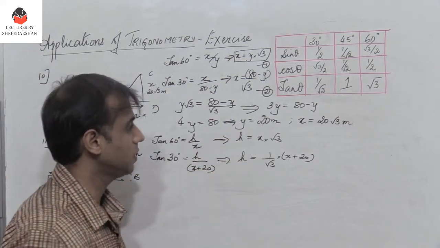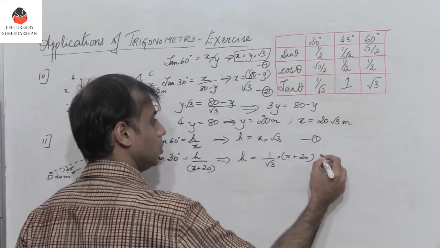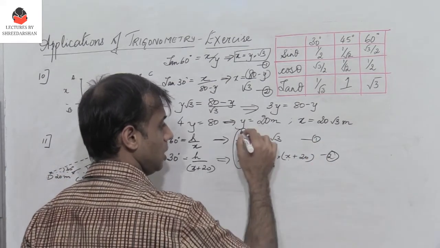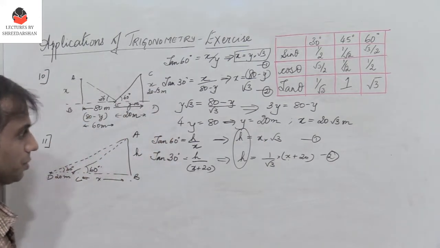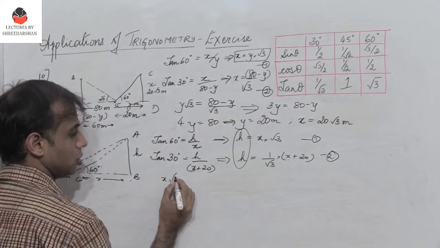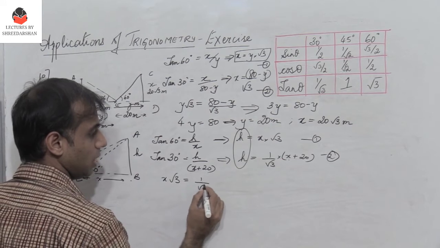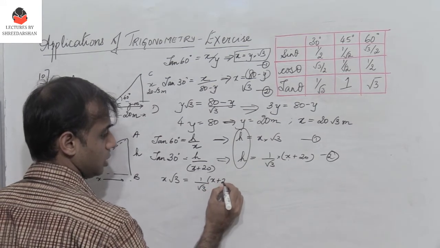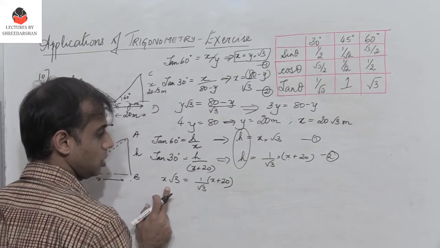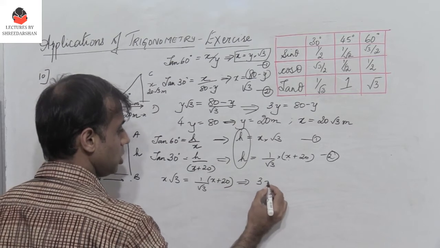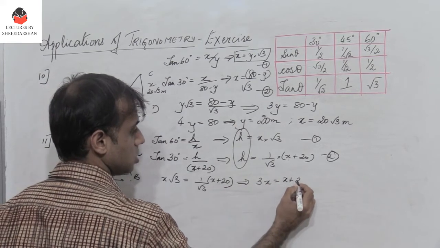So if I observe these two equations, 1 and 2, LHS are the same, so I can equate the RHS. So I have x root 3 equals 1 by root 3 into x plus 20. Take this root 3 to the other side, so I get 3x equals x plus 20.